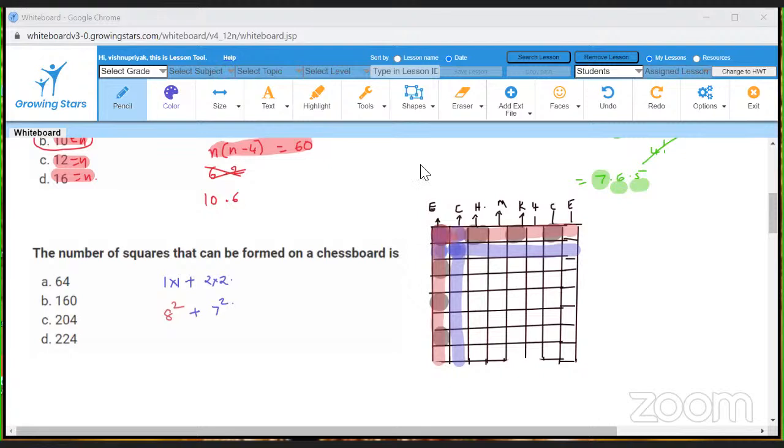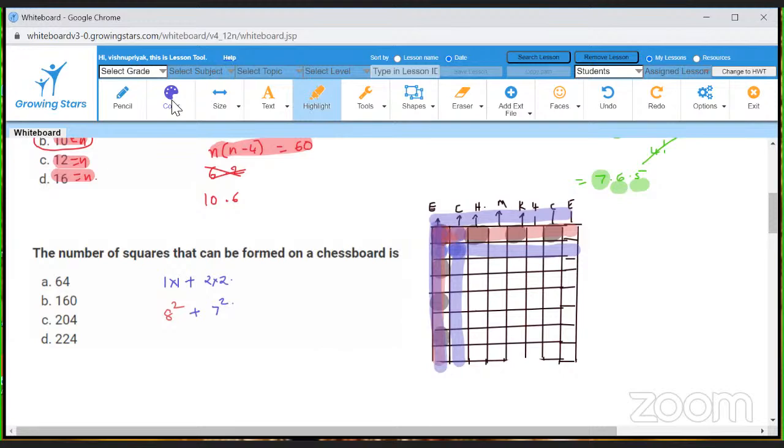You may be thinking in a different way. You may be thinking that these 8 and these 8 I have already multiplied and I got 64 squares. But that I am talking about only 1 by 1 squares.